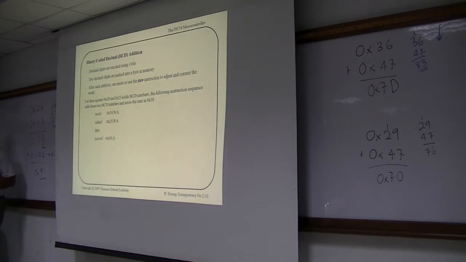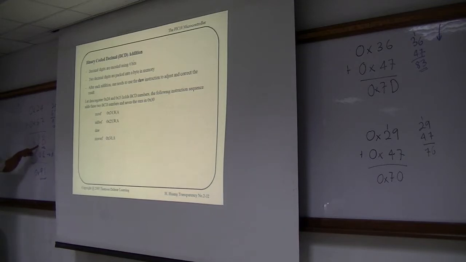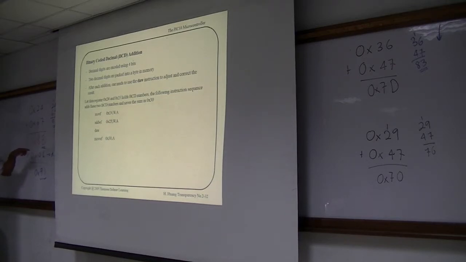Add 6 to which digit? Any digit which yields a number more than 9. If this one yields more than 9, you add 6 to this digit. You have to add 6 to that particular digit. So if this one is more than 9 and this one is more than 9, add 6 to each. Get it?